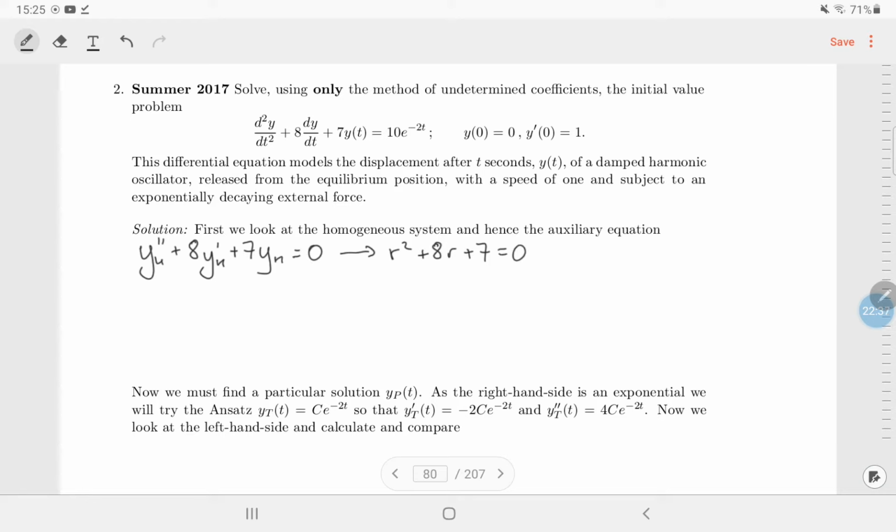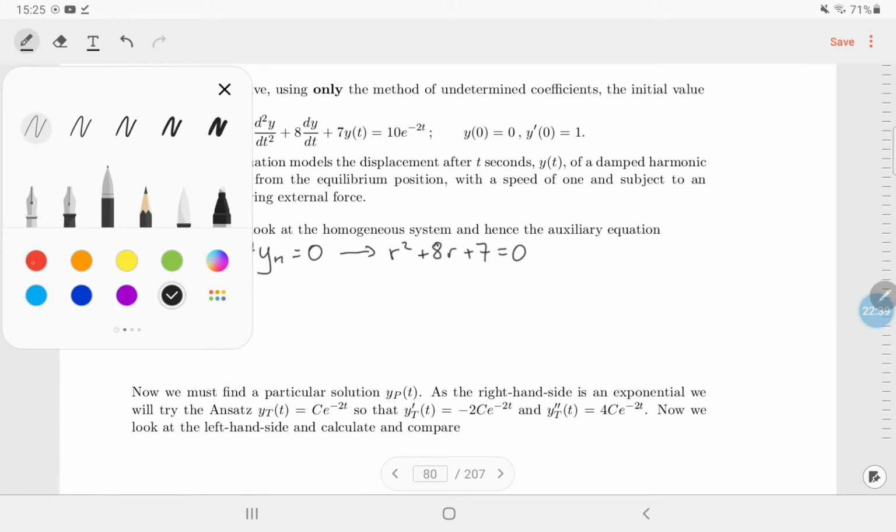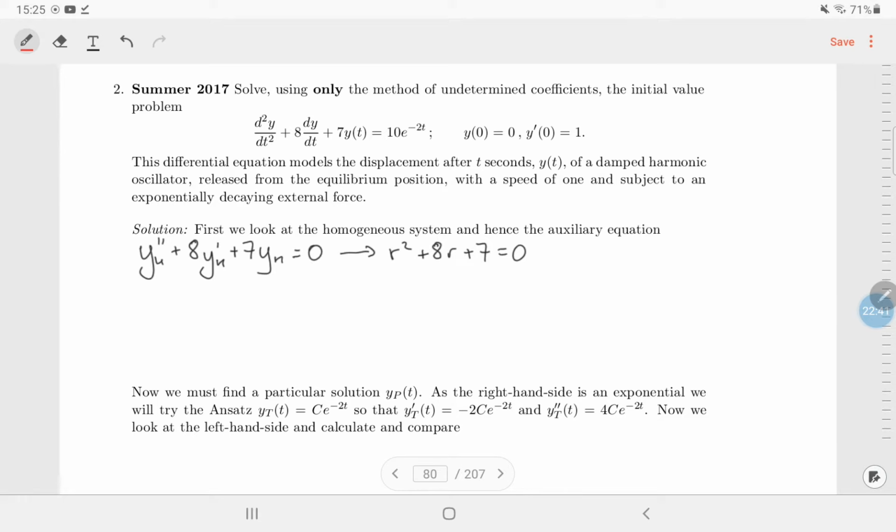Let's factorize this. 1 times 7 is 7. The only factors are 1 and 7 because 7 is a prime number, and you can make up 8 using that pair. So we have r squared plus 1r plus 7r plus 7 equal to 0.